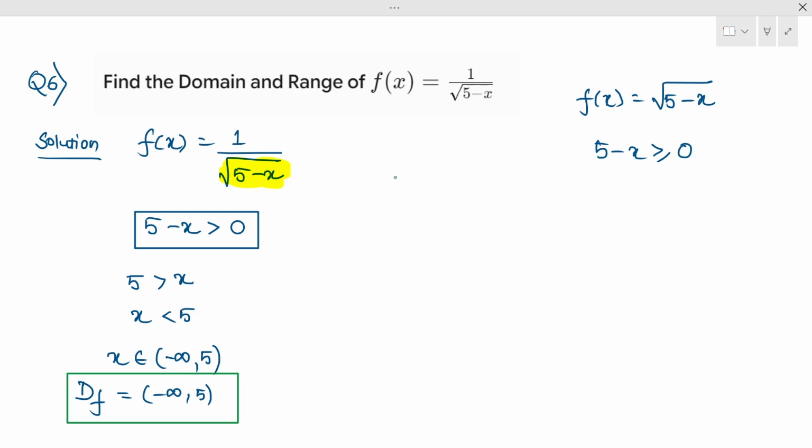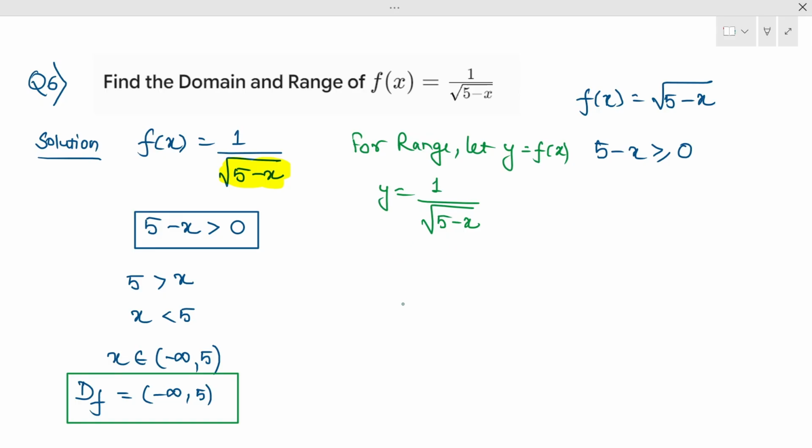Now how to find out the range? They are asking us the range as well. So for range, let y equal f(x). So y equals 1 by square root of 5 minus x, right?